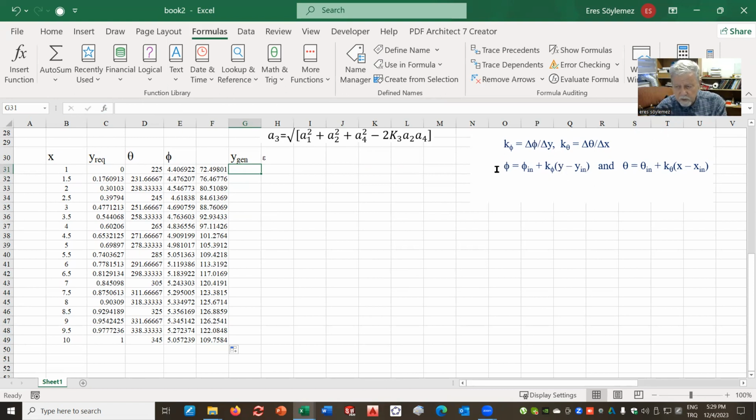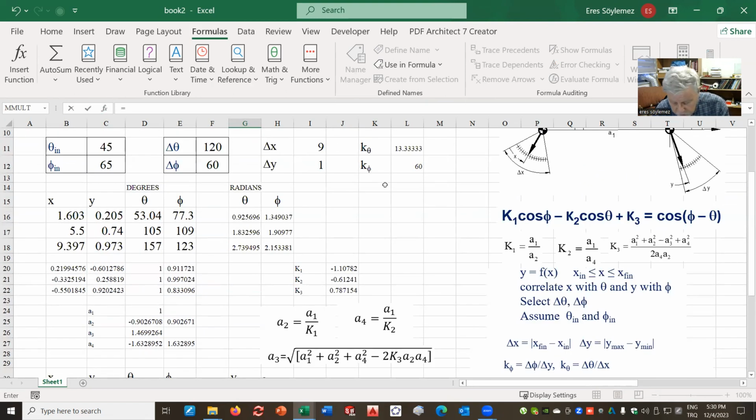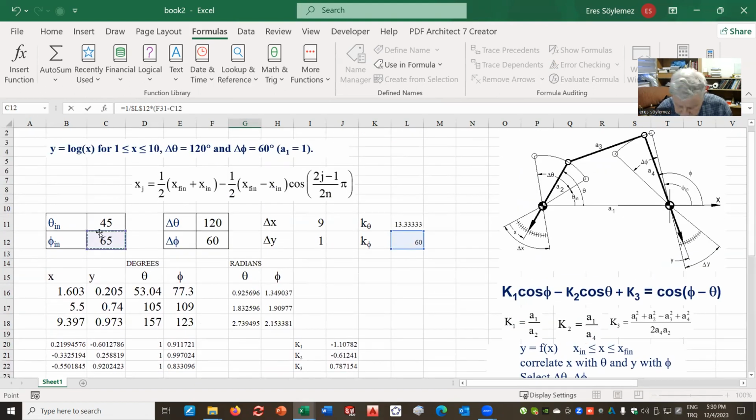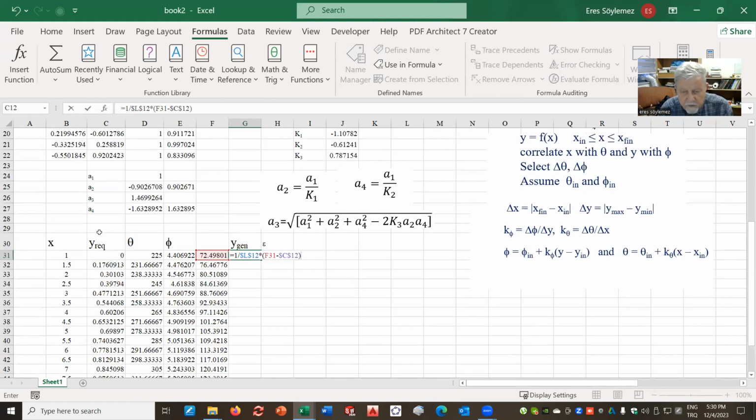Y will be equal to 1 over K phi times, open up parentheses, this angle, 72.49 minus 65 degrees, press F4.